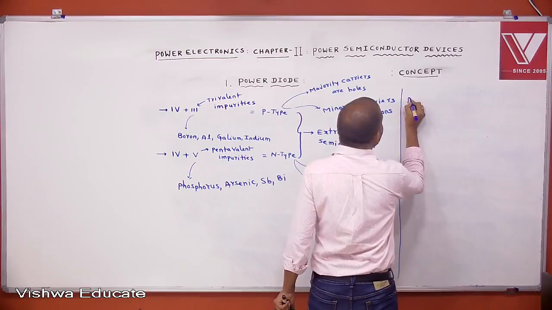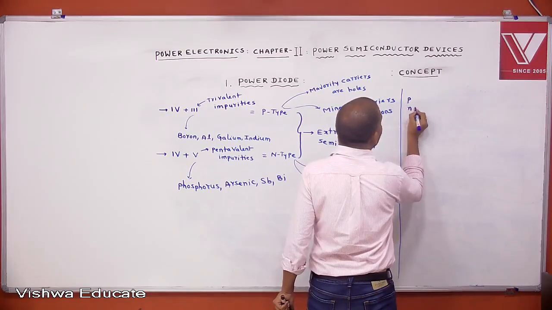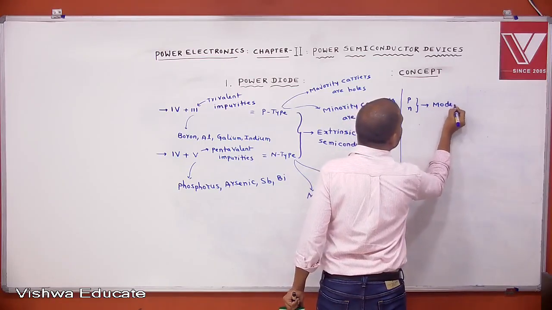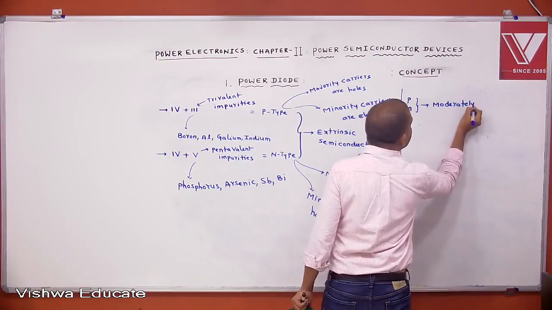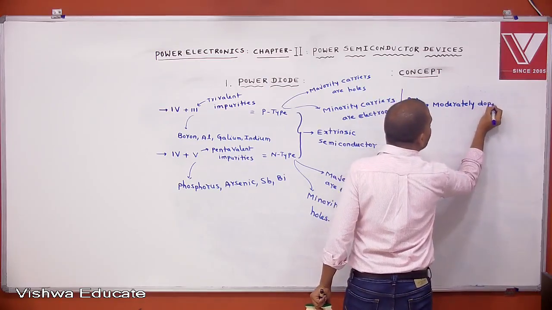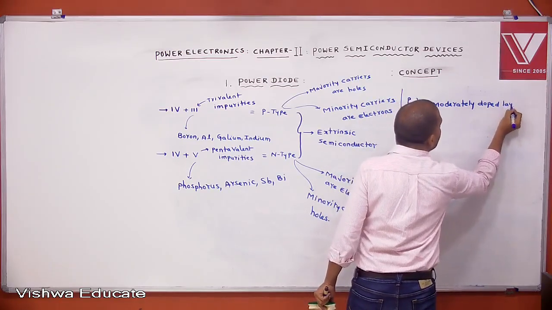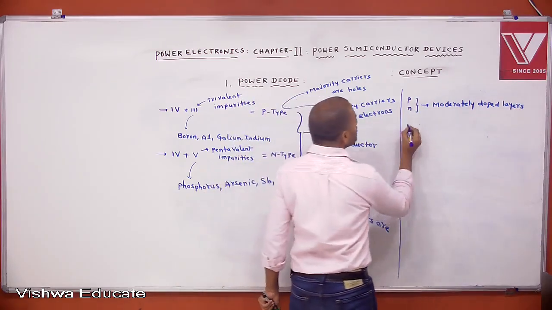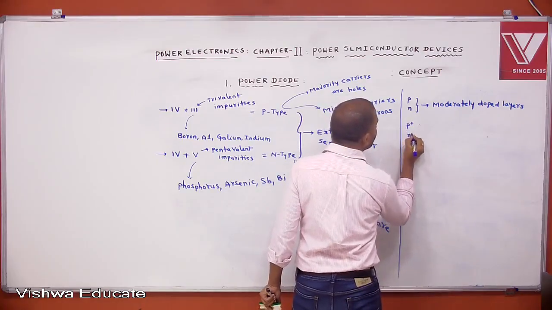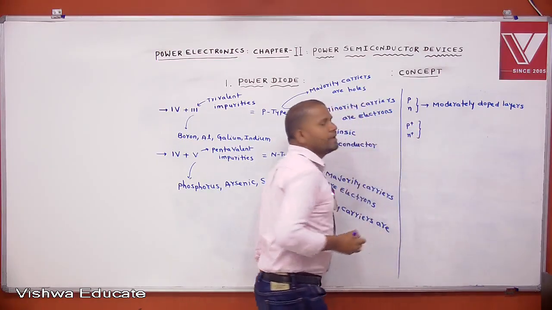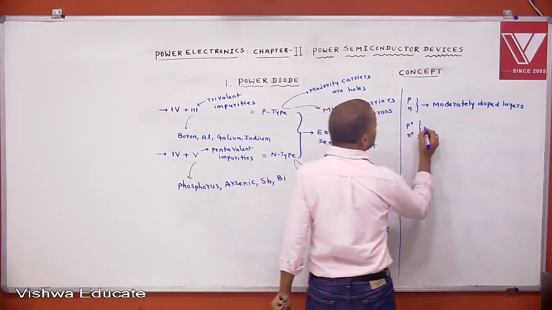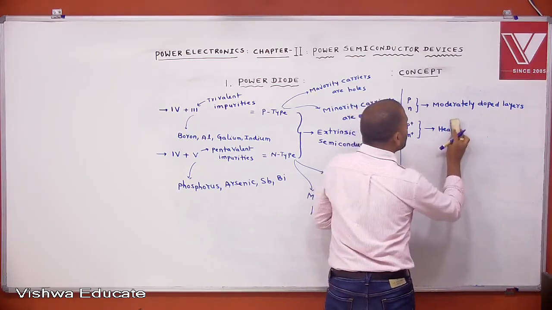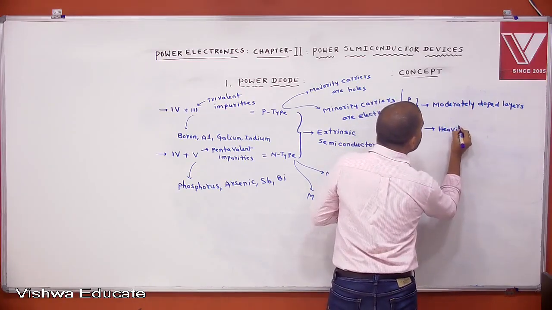If it is represented like this, p comma n layer, these are called moderately doped layers. If it is represented with p plus comma n plus, then these layers are called heavily doped layers.